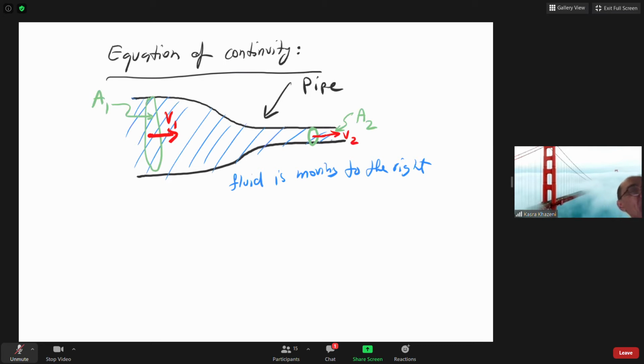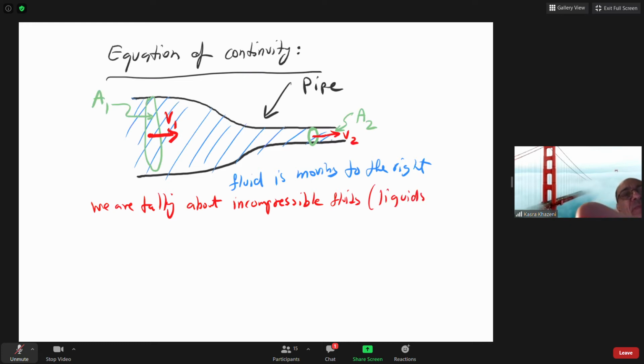And we're talking about incompressible fluids, which most liquids are. So that's what we were talking about.